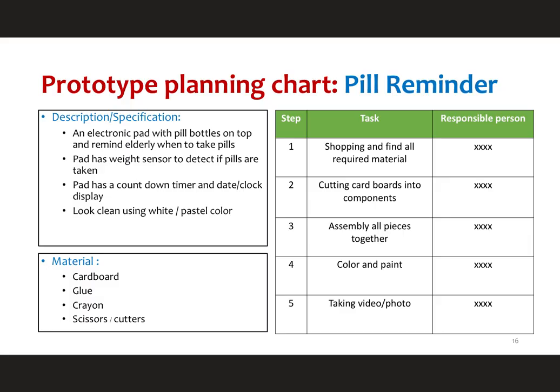Now on the right-hand side, try to draw the steps in order to finalize the prototype: maybe chopping the required material, assembling all the pieces together, making a test, making a video of testing. This kind of prototyping idea and planning should be done. This is the prototype planning chart that every group should try to finish today.